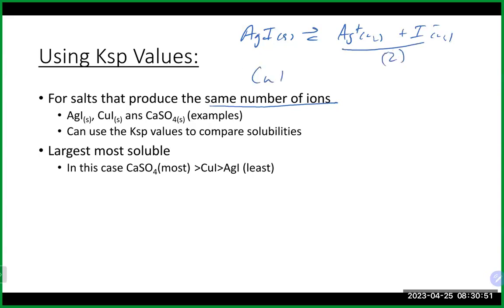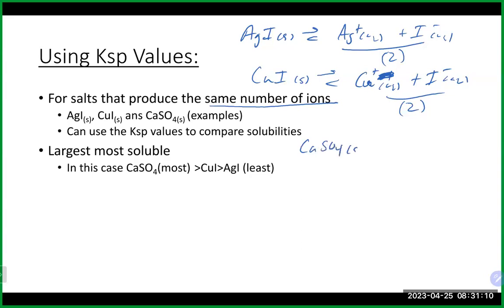For our copper(I) iodide, we would have a copper ion. It's not +2. We would have a copper ion that's +1, and an iodide, which is also 2. And for our calcium sulfate here, we would get basically a calcium ion and a sulfate ion here, which also is 2.